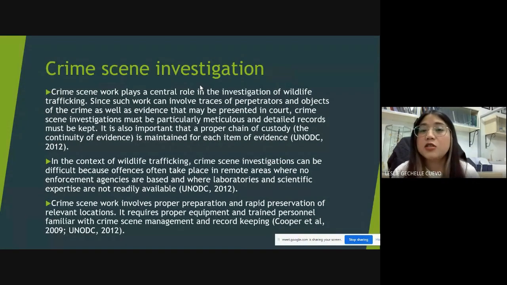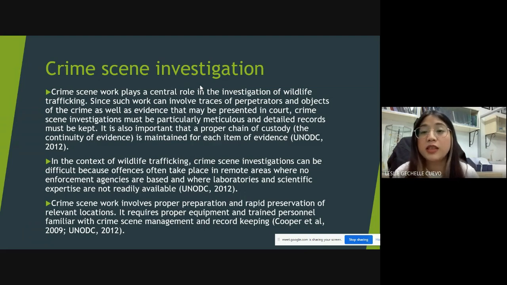Crime scene investigation. Crime scene work plays a central role in the investigation of wildlife trafficking. Since such work can involve traces of perpetrators and objects of the crime as well as evidence that may be presented in court, crime scene investigations must be particularly meticulous, detailed records must be kept.